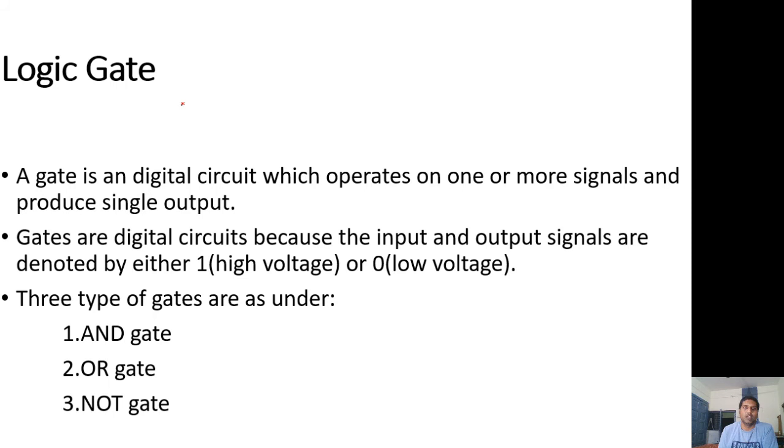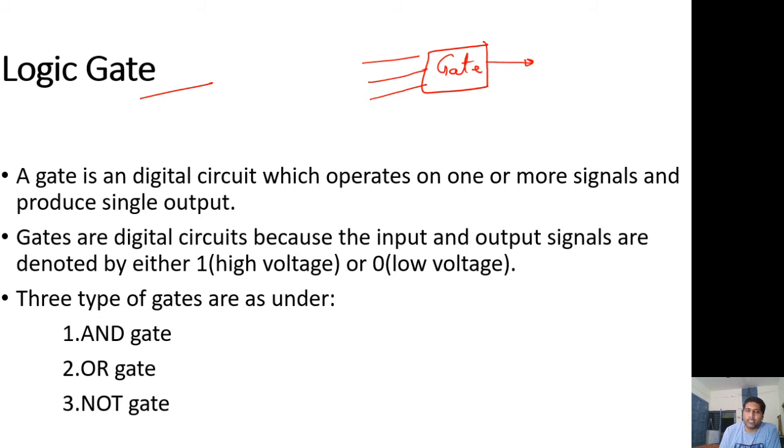Now, logic gates. A gate is a digital circuit which operates on one or more signals and produces a single output. That means a gate is a digital circuit. It has one input or two inputs or more than two inputs and one single output.